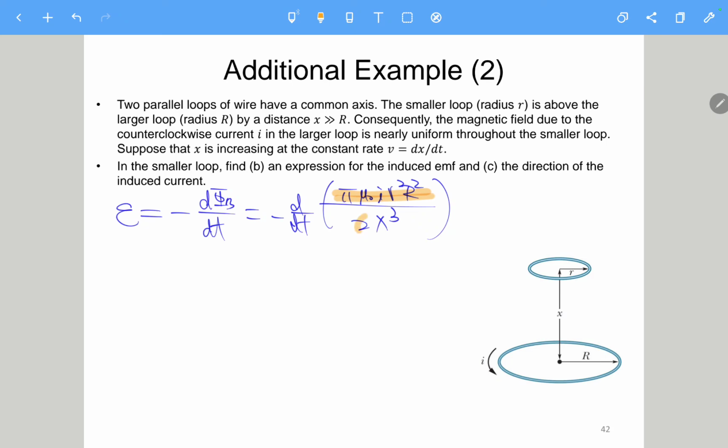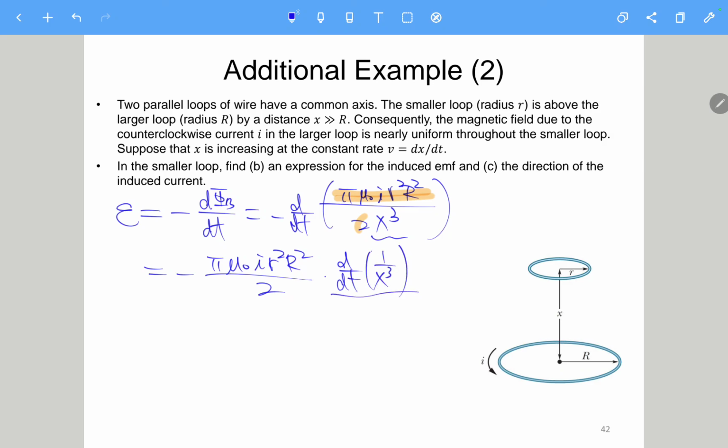The only thing changing with t is x, because the loop is moving upward. So we have negative pi mu 0 I small r squared capital R squared over 2, times d dt of 1 over x cubed.